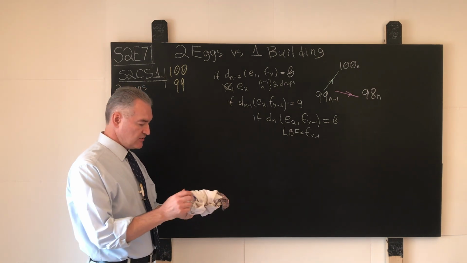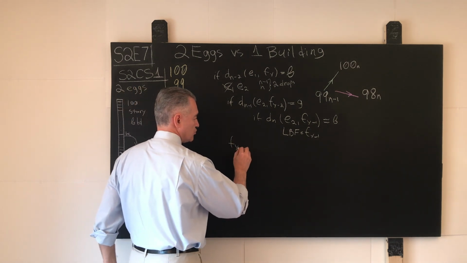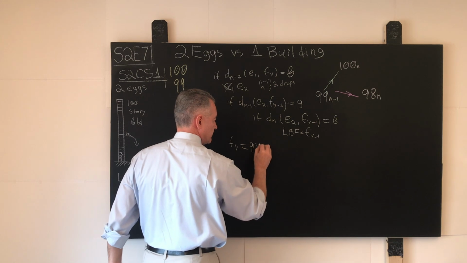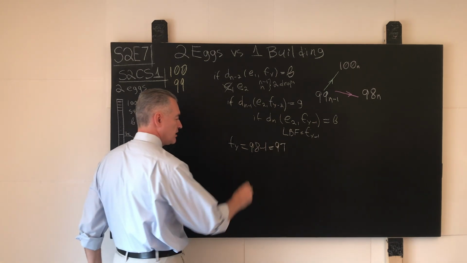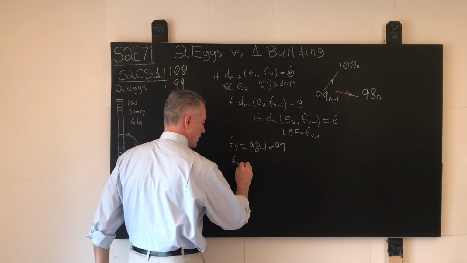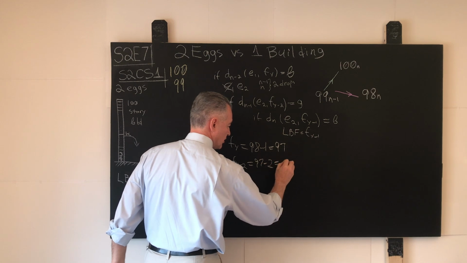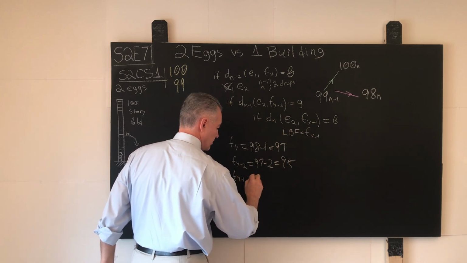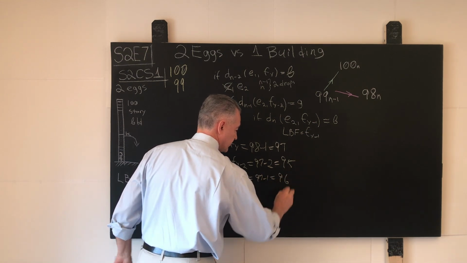Well, it should be evident that the value for the floor f sub y should be 98 minus 1, which is 97, and the floor f sub y-2 will be 97 minus 2, it will be 95, and the floor f sub y-1 should be 97 minus 1, or 96.